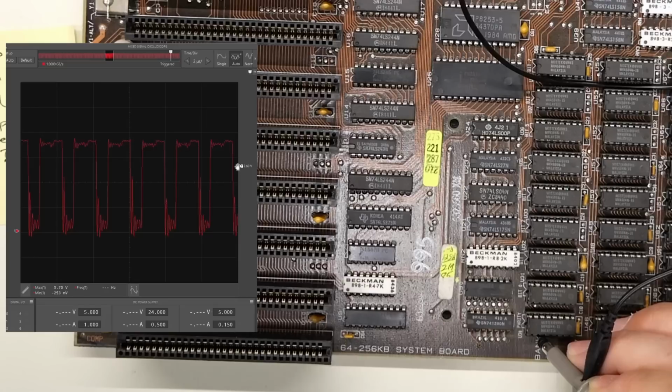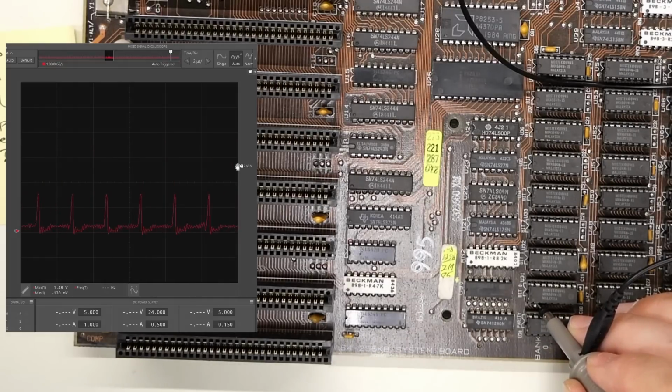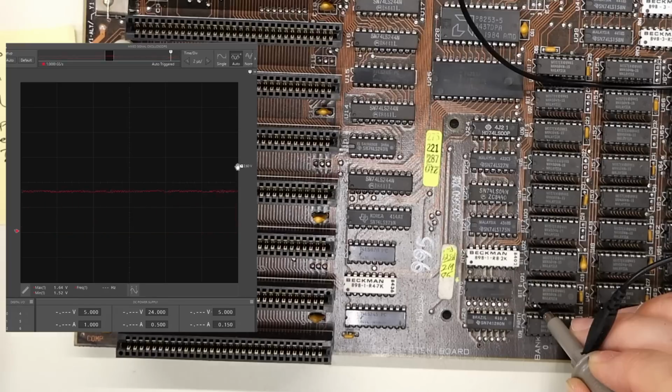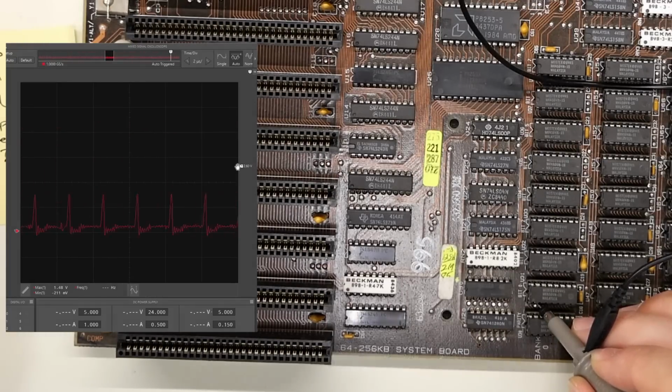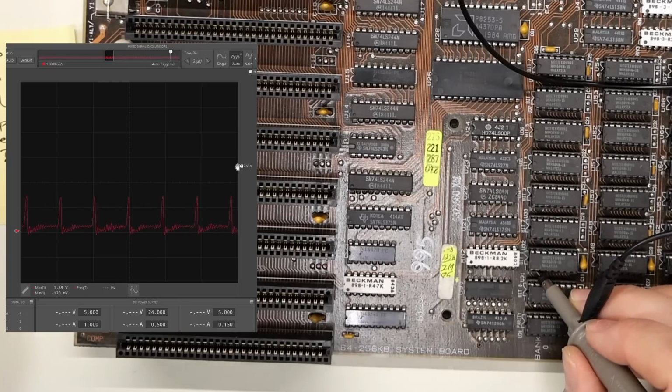Let's just quickly check the other lines here. Okay, so this doesn't look good. Let's turn this off and back on again. Something is weird there. Do you see that signal that we saw briefly there that was like half height? That right there, that's not right. Something's wrong on that data bus line.